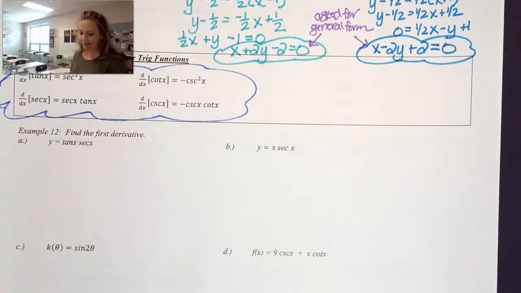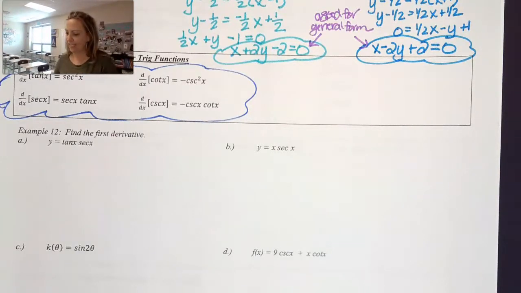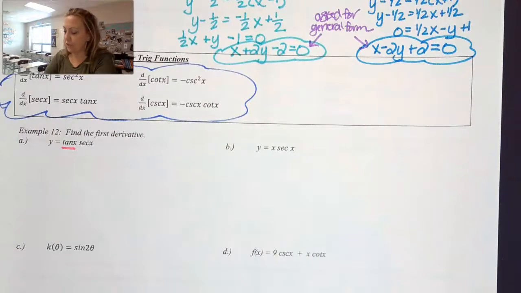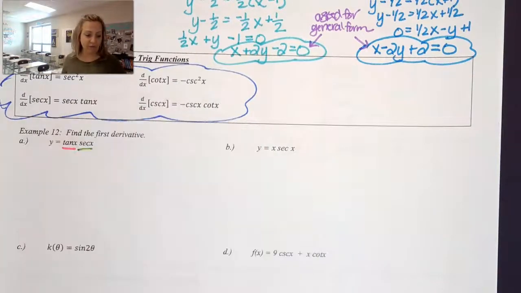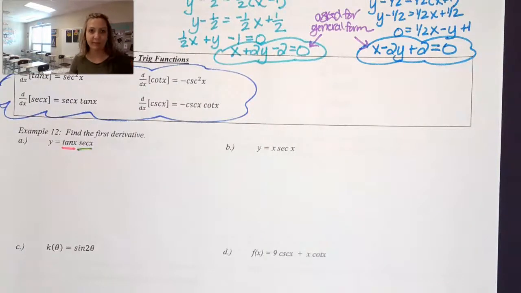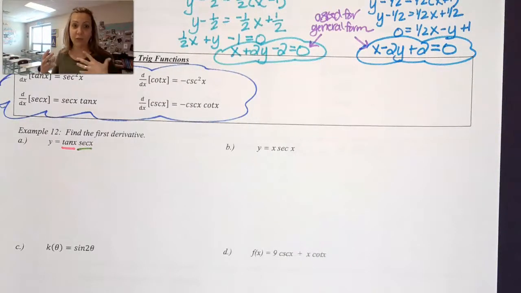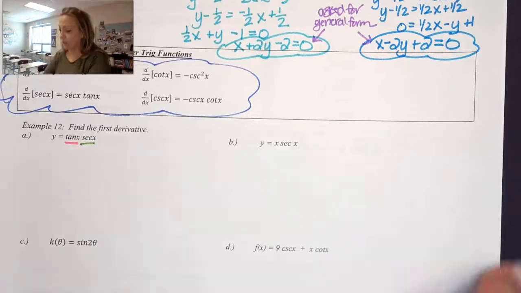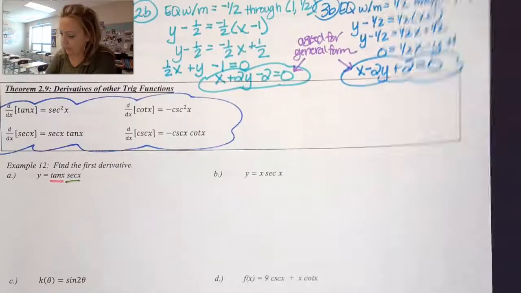And in example 12, this wants us to find the first derivative, and we're going to find the derivative of tangent x secant x. And notice that we're finding the derivative of two functions involving x that are being multiplied by each other. And so in addition to using these new rules for these derivatives, we're also going to be using the product rule.